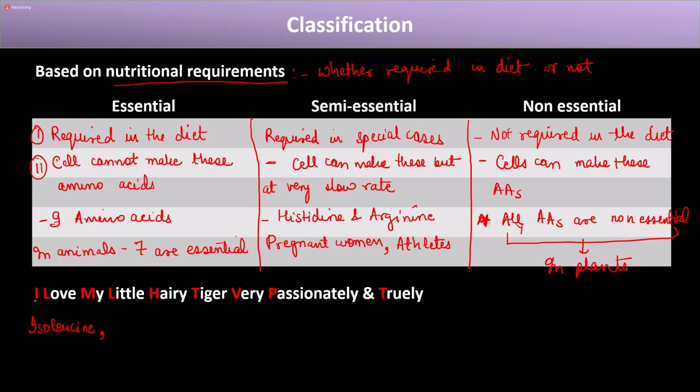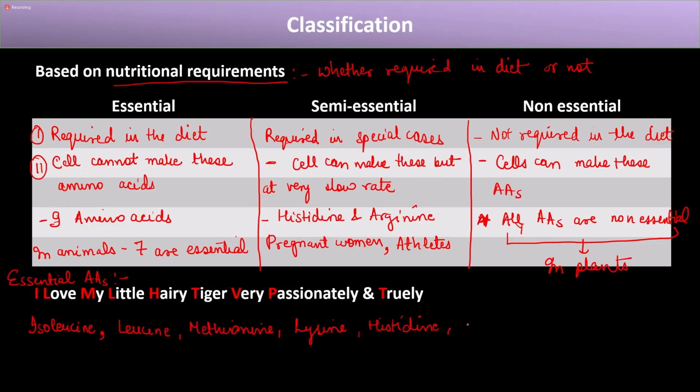So these are essential amino acids. Isoleucine. Next is leucine, methionine, lysine, histidine. This histidine, in certain cases, will be under essential amino acids, but it depends upon the situation.